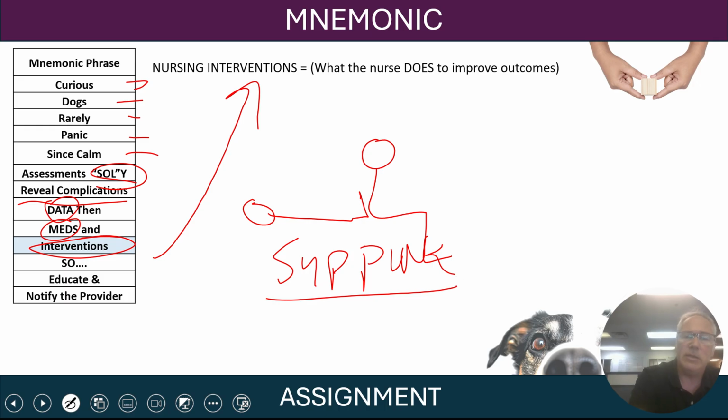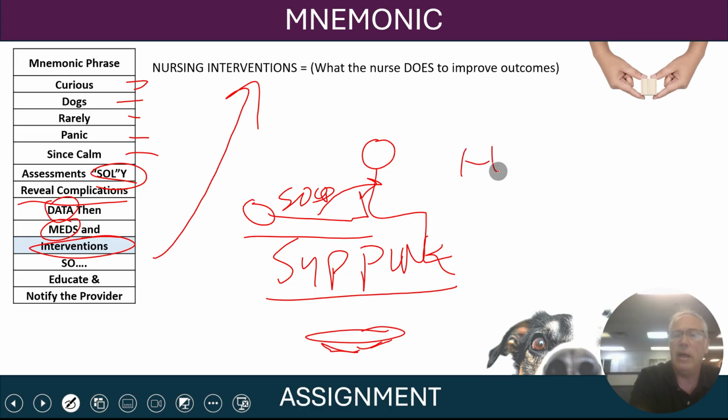Supine means laying down. Supine, think of a supper plate. So if a patient is short of breath and they're laying down like this, we might sit them up. And this is called the high Fowler's position when we sit a patient up.